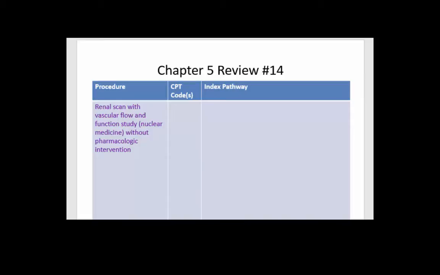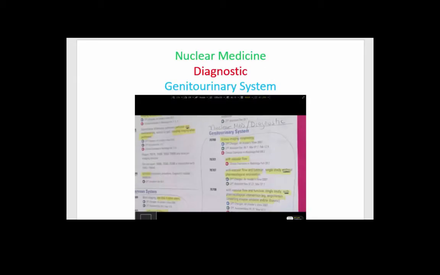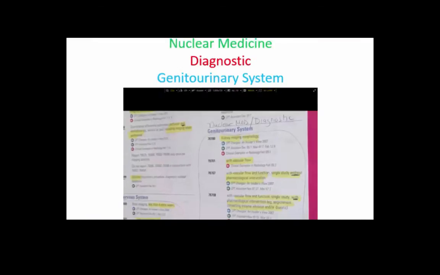A renal scan with a vascular flow and function study without pharmacologic intervention. Comes under your kidney, nuclear medicine, imaging. When we read those code descriptions, we get to the right one.